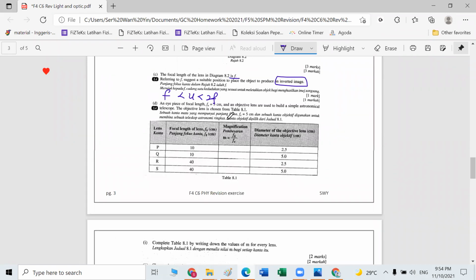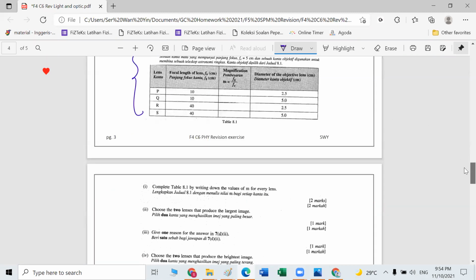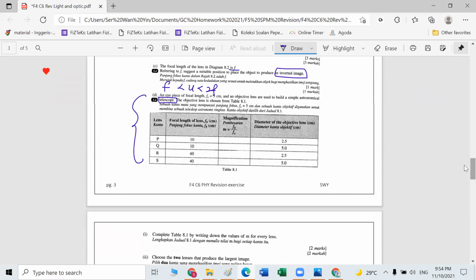Okay, then another formula for magnification for the telescope is fo over fe. This one, I think I will make another class for two lenses.